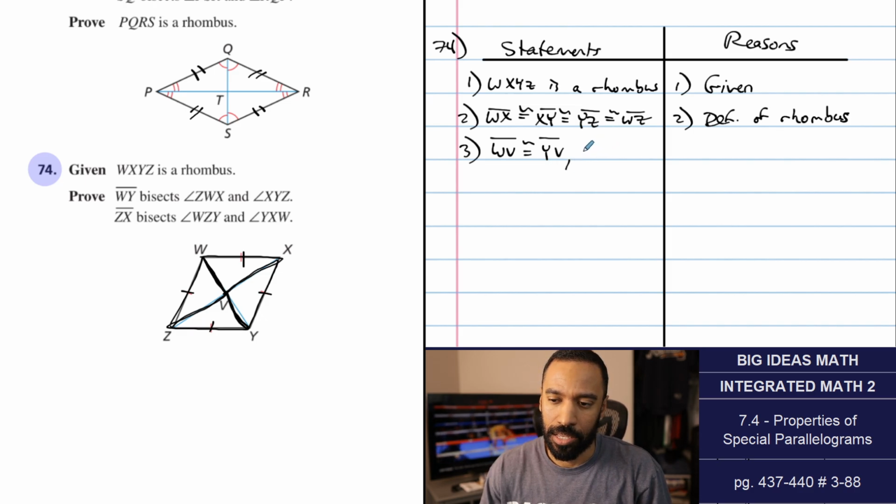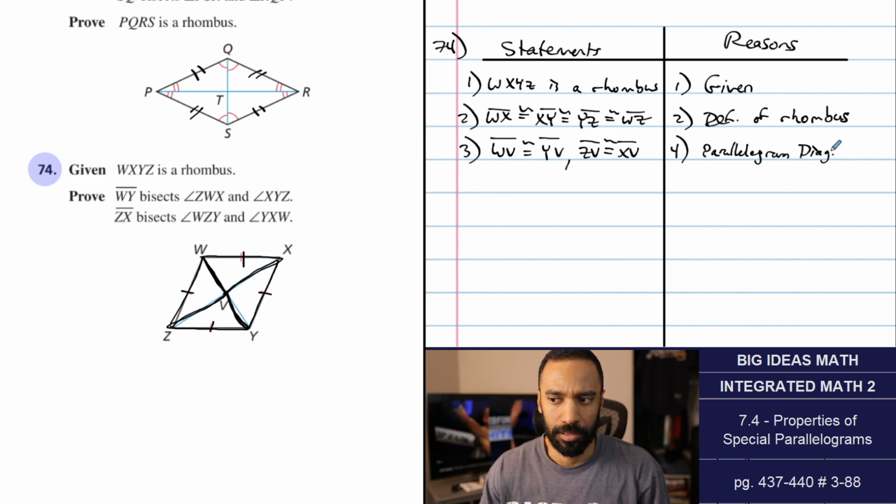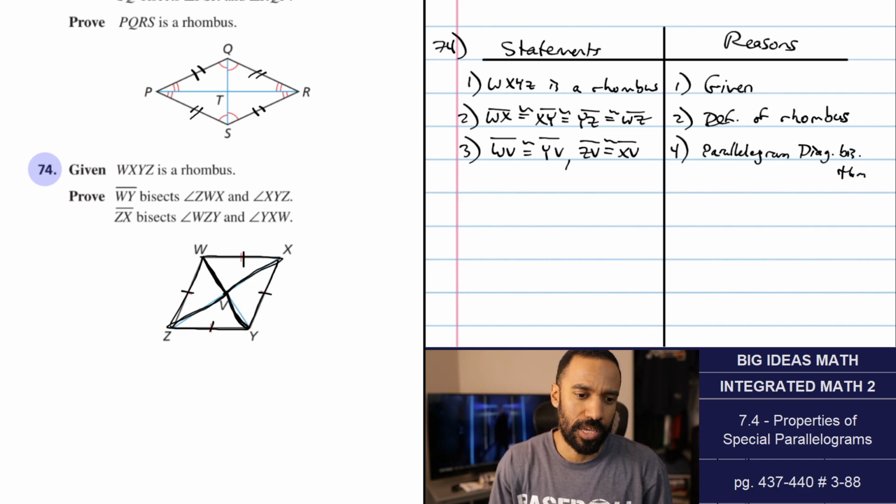And then ZV is congruent to XV. Parallelogram diagonal bisector theorem.